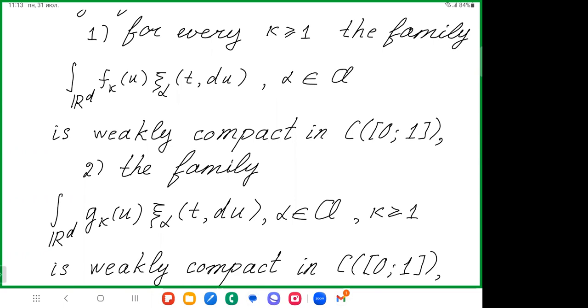So it is not necessary to look for a special compactness condition for fixed t. So let us think how we can guarantee the equicontinuity condition. The usual way is to apply the Kolmogorov criterion.